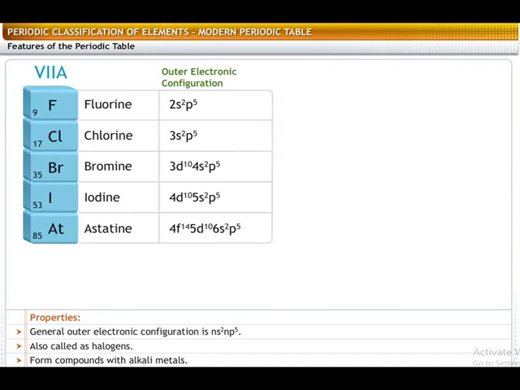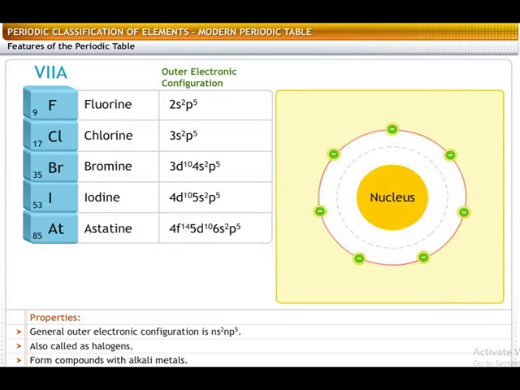Group 7, the group of halogens, is next. The elements of group 7 are fluorine, chlorine, bromine, iodine, and astatine. They contain 7 valence electrons, and hence their general atom electronic configuration is ns2np5.